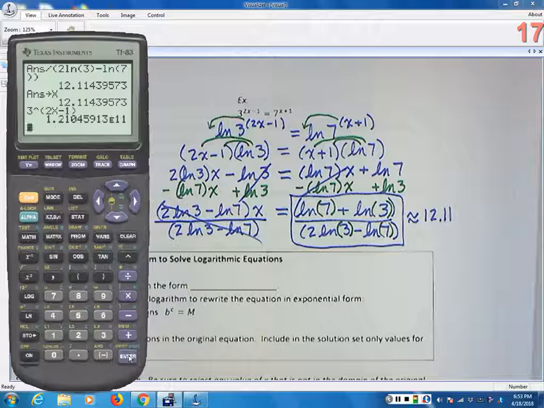You get 1.21 times 10 to the 11, and 7 to the x plus 1, and you're going to get the same huge number. So those are equal. So I checked it using the calculator, storing that answer into x.